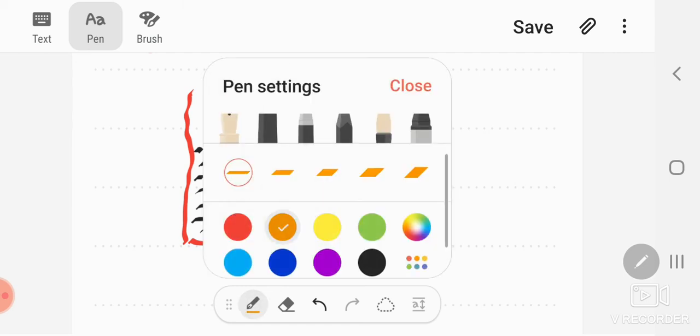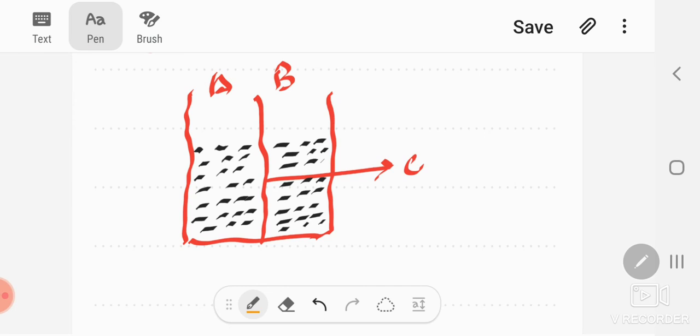Also, we have some solute here, and we have some solute here. What we see is that the concentration of solute in compartment B is more than that of compartment A. So water or fluid will cross from compartment A to compartment B, and it will keep on moving until the two compartments are at equilibrium with each other.